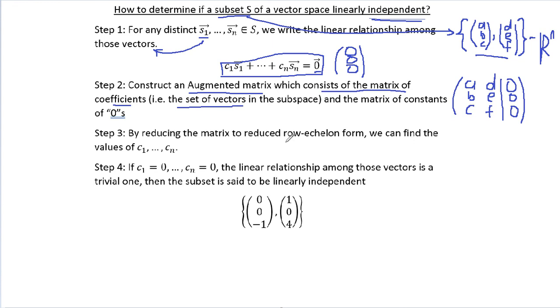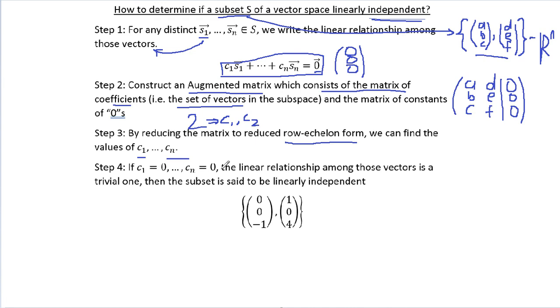So by reducing to this form, we can find the values of C1 all the way to Cn. In this case, it's C1 and C2 because we have two vectors. So the number of values of C will depend on the number of vectors. If you have two vectors, therefore you have C1 and C2.